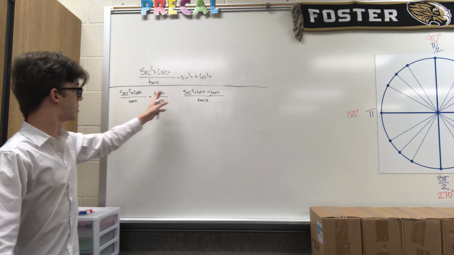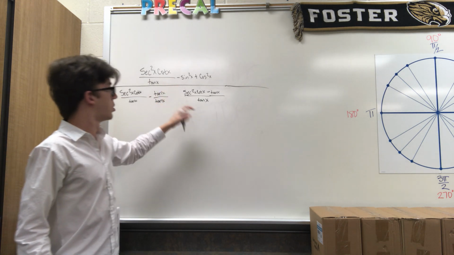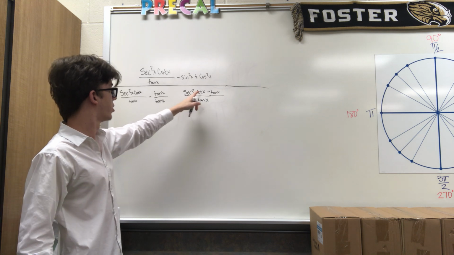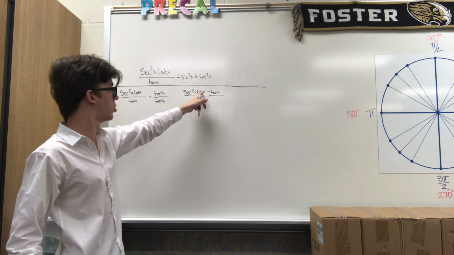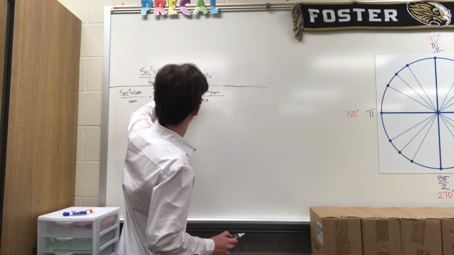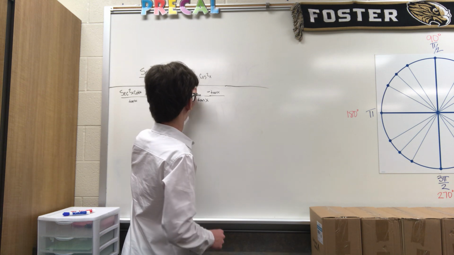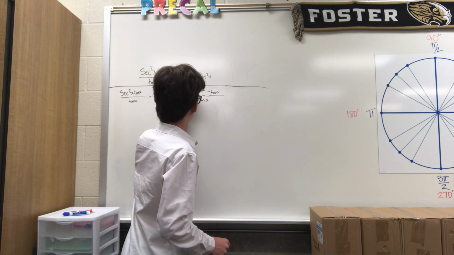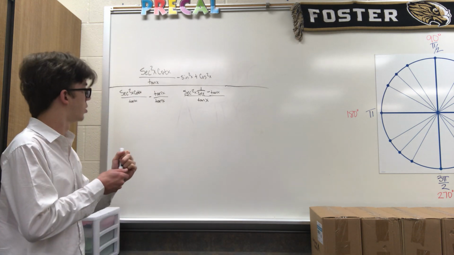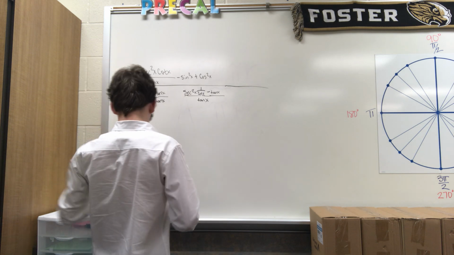So now we turn this into this, and for our next step I want to factor out a tangent. Before we do that, I want to turn this cotangent into 1 over tangent. So now we have the 1 over tangent right here.